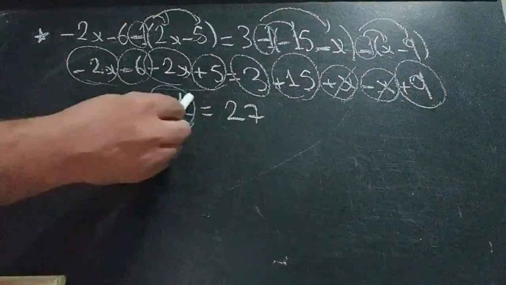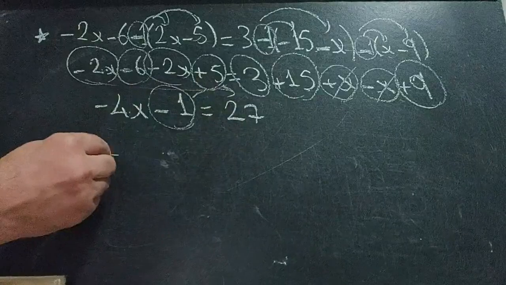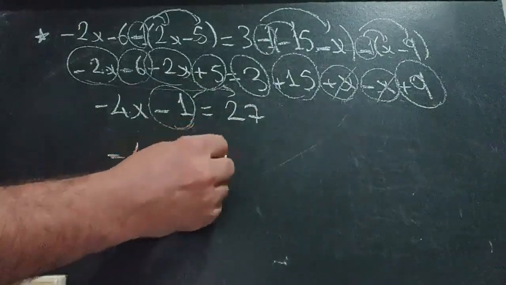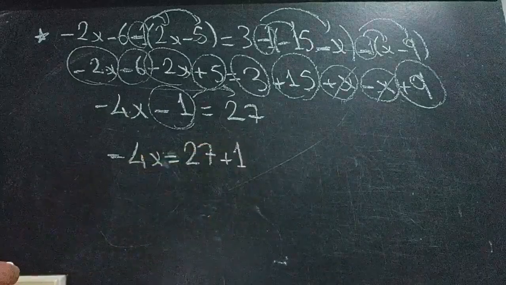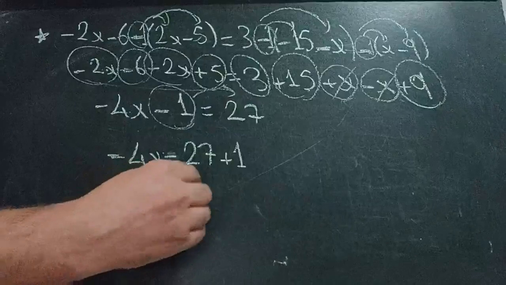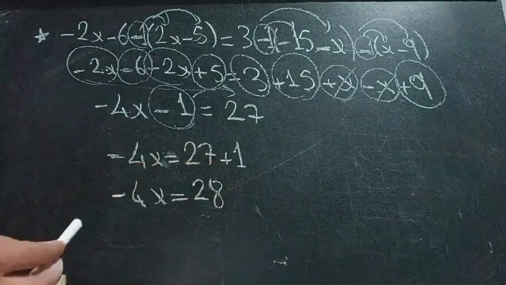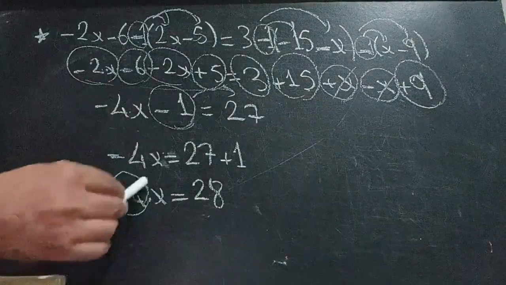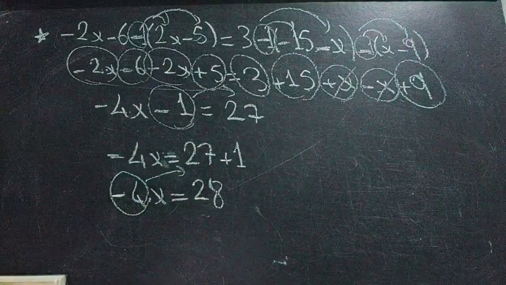This will go to the other side as positive. Negative 4x equals to 27 plus 1. Negative 4x equals to 28. Now this will go to the other side as division.